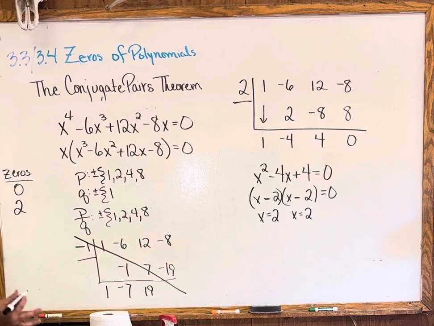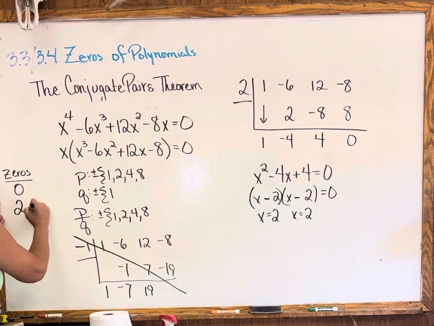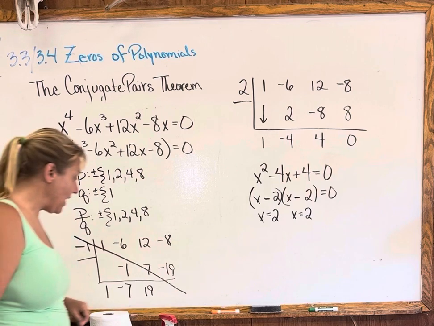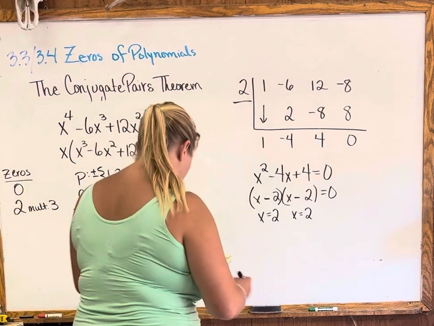Okay, so you can tell people that there was multiplicity 3. So 0 was an answer and 2 had multiplicity 3. Okay? That's how this works. All right, let's look at another one.